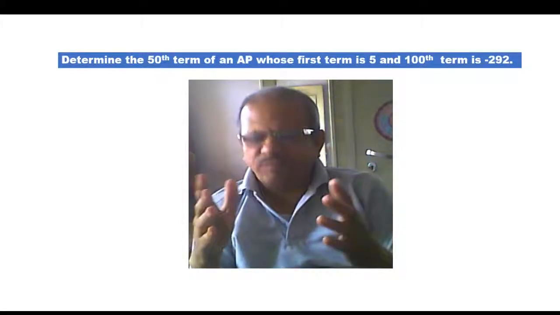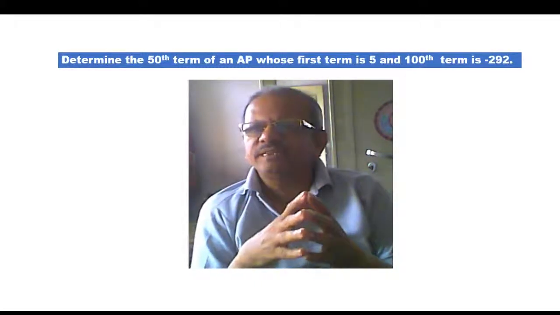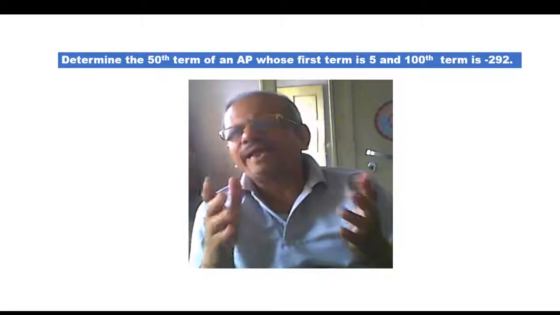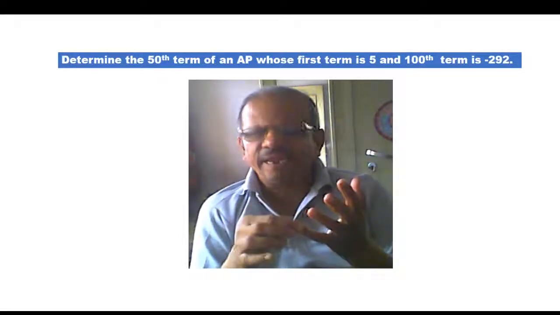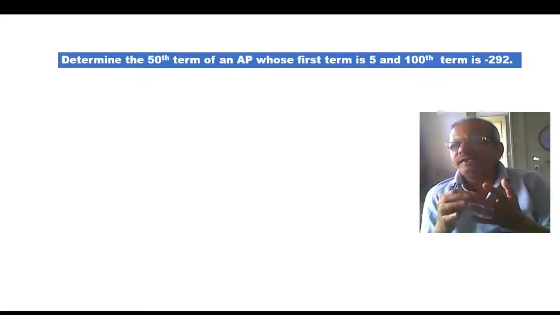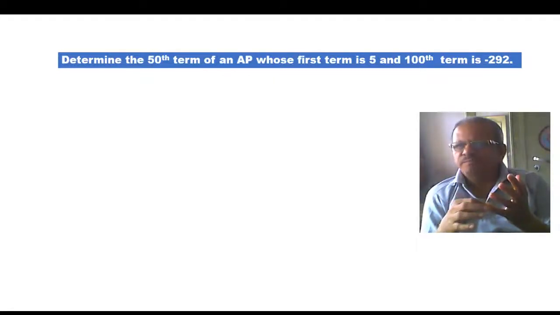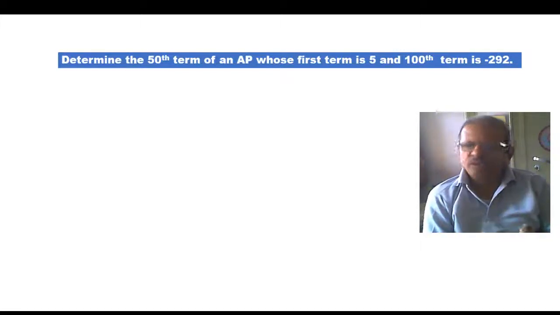So in this case, just see how to find the 50th term. To find any term, we require A, N and D: first term, N means number of terms, and D means the common difference.